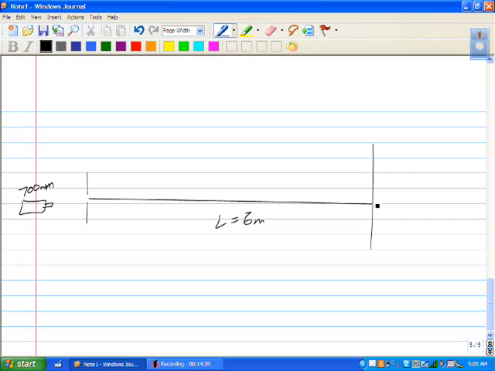And the student observes that there's a bright spot in the center, which you would expect. But then they also observe that at a distance of 0.7 centimeters away, there's a minimum.